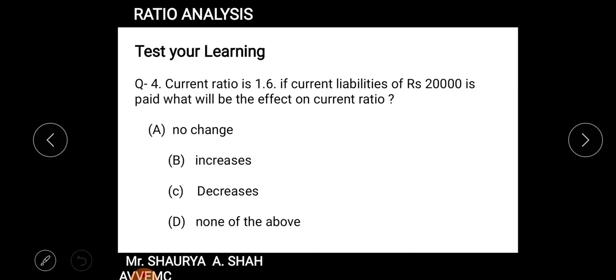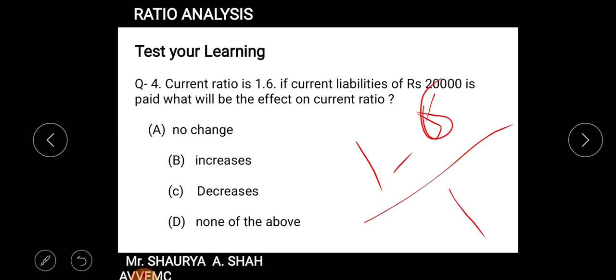Current ratio is 1.6. So I can say current assets will be 1.6 and my current liability will be 1. So if I say that I have paid the liability, so my liability will increase or decrease, students? Yes, definitely it will decrease. So take a very good example. Suppose my current assets are 1 lakh rupees and my current liabilities is 80,000.